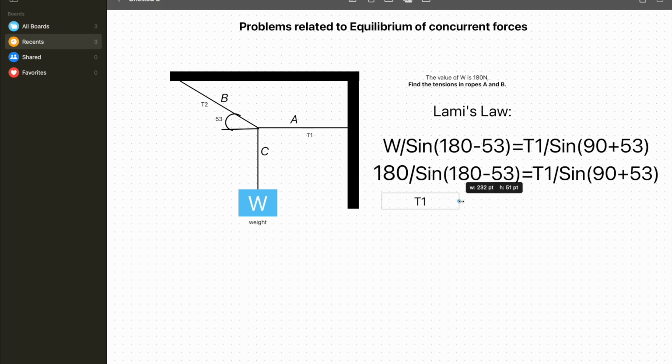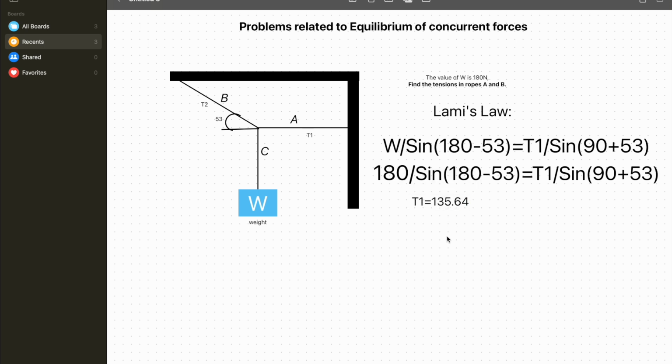The T1 should be, if I calculate it in my calculator, where's my calculator? Okay, there's my calculator. So 180 sine of 180 minus 53, sine of 135.64.